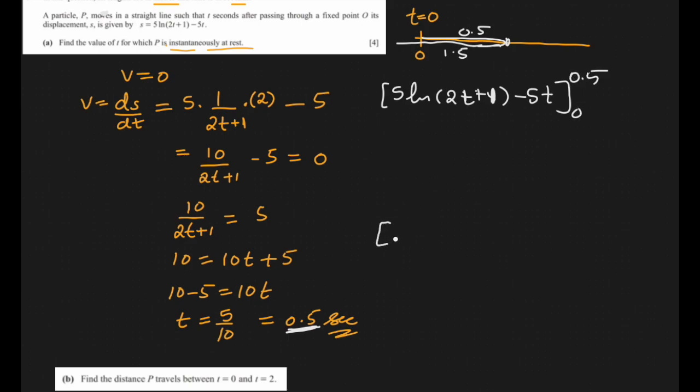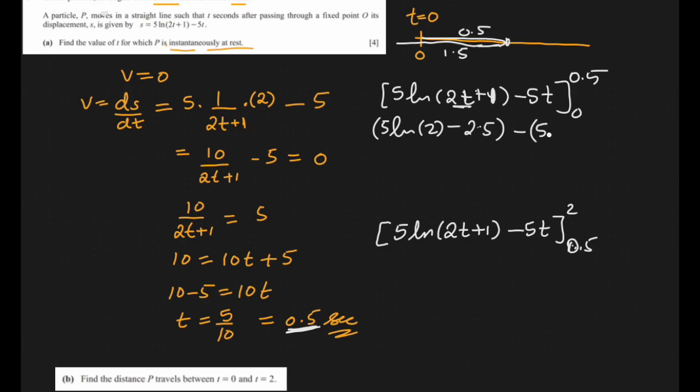And then we'll do the same, 5 natural log 2t plus 1 minus 5t, from 0.5 to 2. Okay, two pieces. So we'll substitute 0.5 first. So 5 natural log, 2 times 0.5 is 1, 1 plus 1, 2. Minus 5 times 0.5, 2.5.